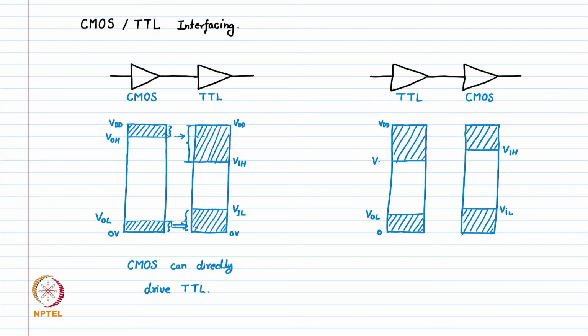This is the VOH level. Now we have a problem in case of TTL driving CMOS, because this VOH level is lesser than the VIH level. So what does it mean? When my TTL is driving high, trying to put a 1 here, this 1 can be this VOH and above.